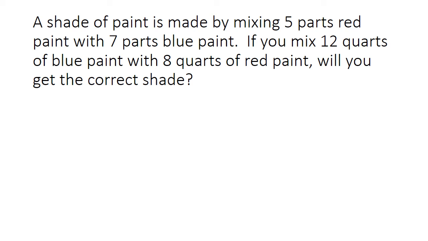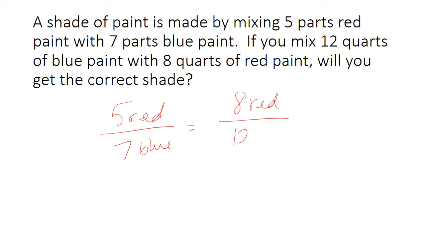When we do this, we're just going to set it up. It doesn't matter what order as long as the order in the equivalent pair matches. So if we're going to do 5 reds on top and 7 blues on bottom, then we would need to say 8 red on top and 12 blue.